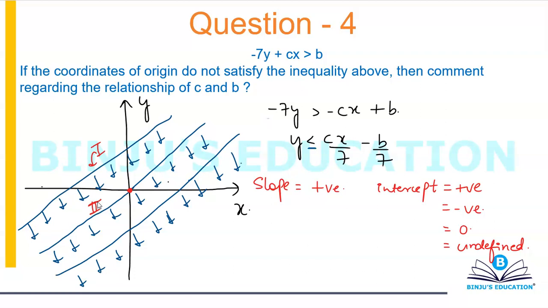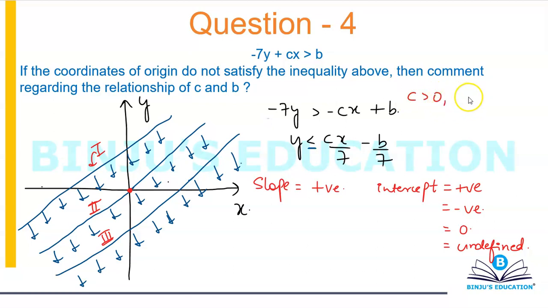So the second line is fine, and similarly you can see for yourself that the third line is completely fine because the origin lies above the line. We have to take the region that lies below the line. So for case number 2 and case number 3, origin does not satisfy the inequality. So we can say that slope is positive, which means C is positive.